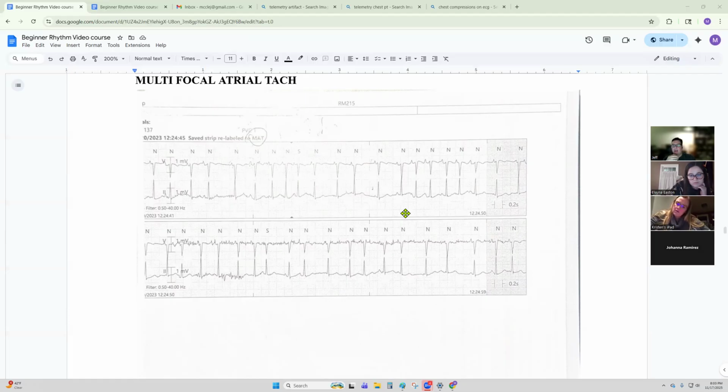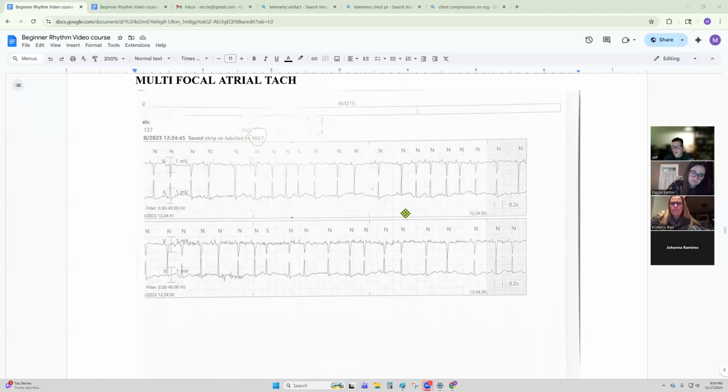And it looks very similar to a wandering atrial pacemaker, but where the wandering atrial pacemaker has that cycle of SA node, atrial chamber, junctional, this just has sporadic P waves all over the place. So you still have 3 or more different P waves, but it doesn't follow that cycle of positive, biphasic, flat, and then into a negative, as with a wandering atrial pacemaker.